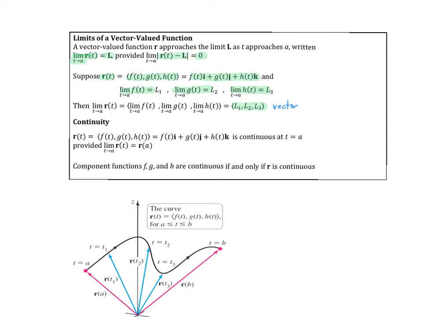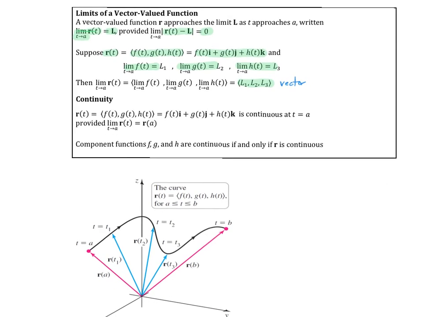Although you're not doing questions on this in this section for your MyLab, we should talk about continuity because that follows from limits. So a vector valued function is continuous provided that the limit is equal to the vector at a.